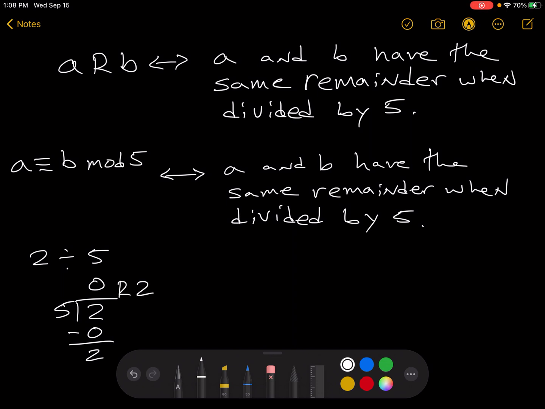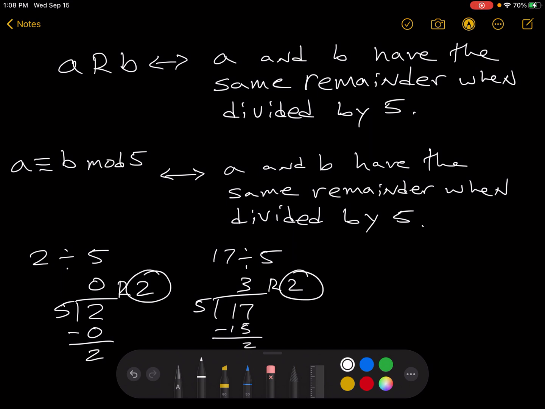Now remember from the previous video, we did 17 divided by 5. 3 times 5 is 15, subtract, you get 2. Your remainder is 2. So both 2 and 17 have the same remainder, which is 2, when divided by 5.